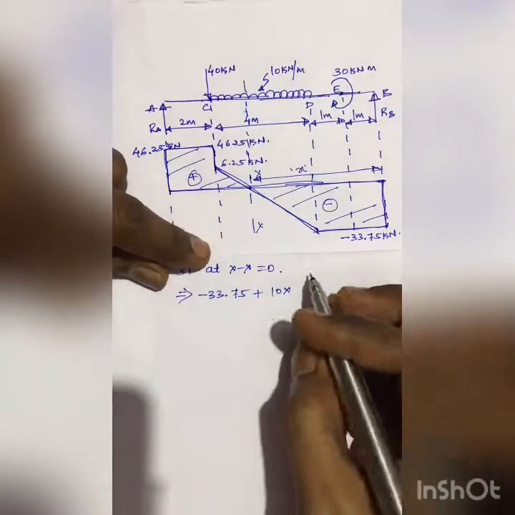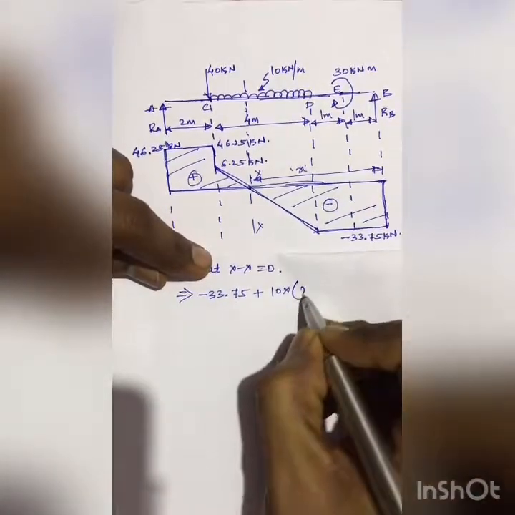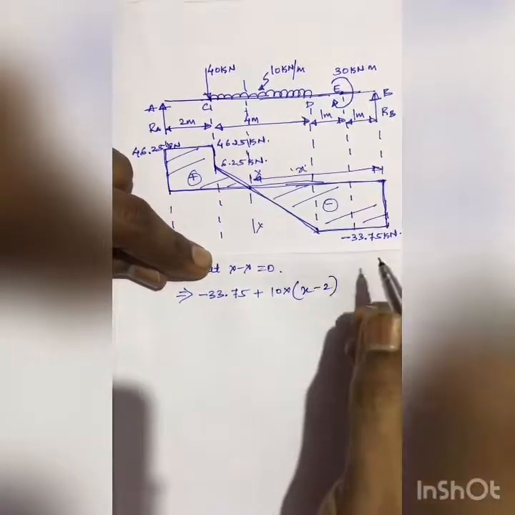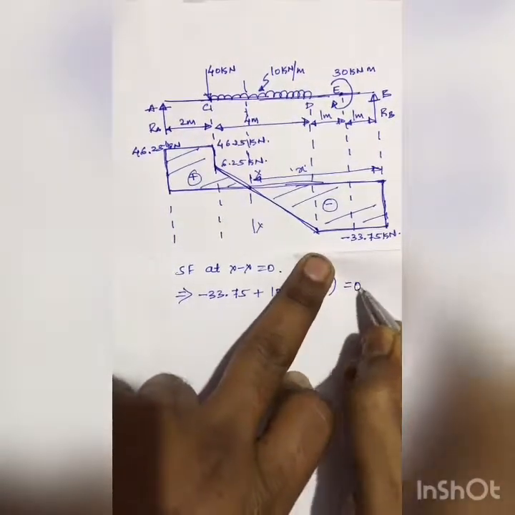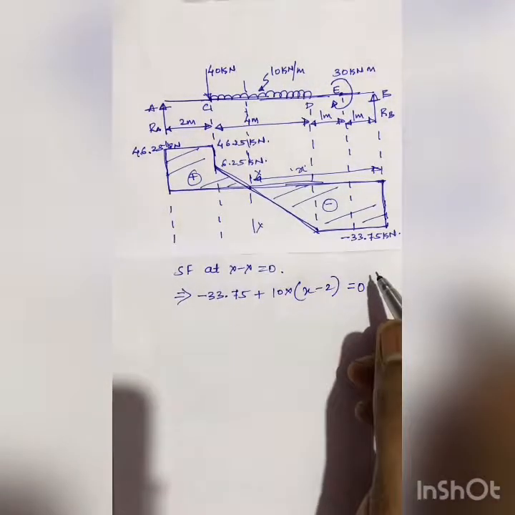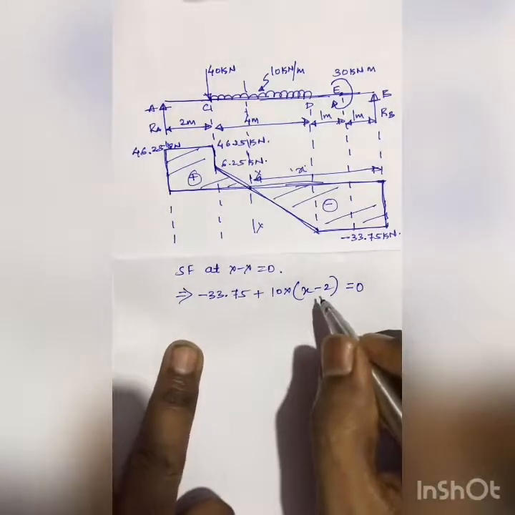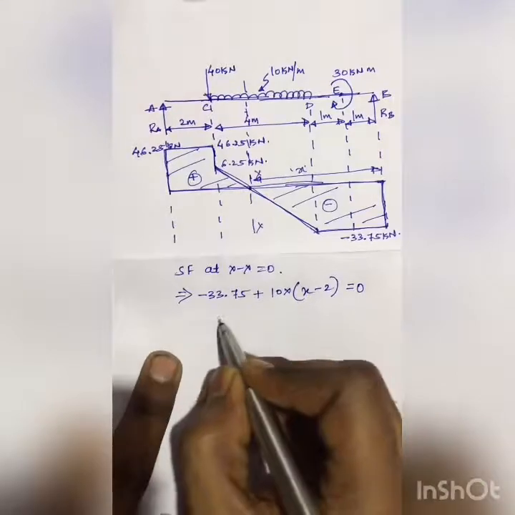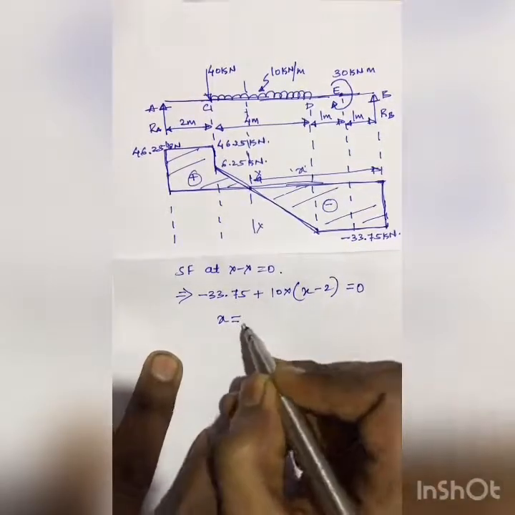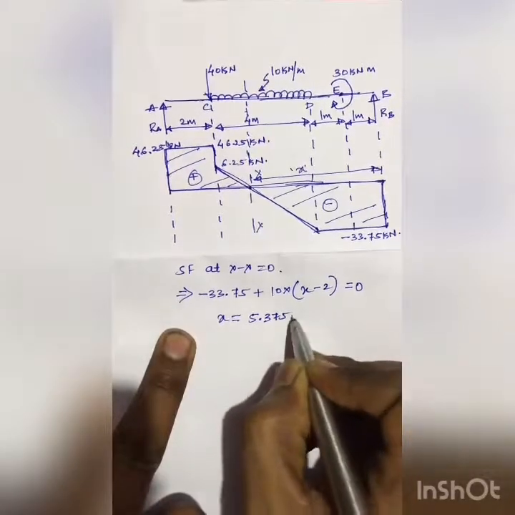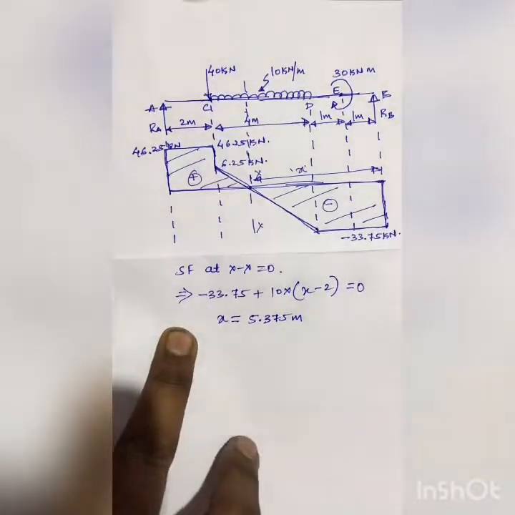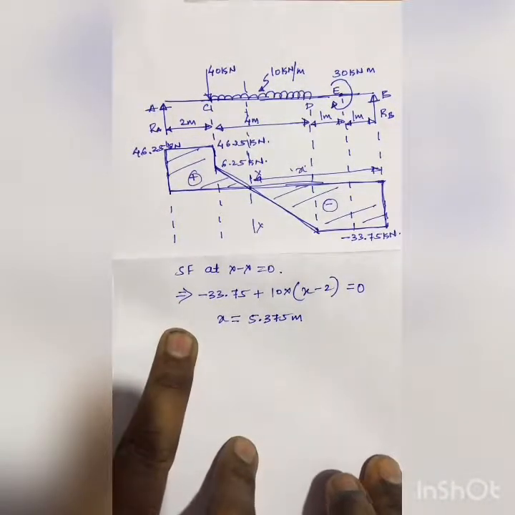So I'll write 10 into X minus 2, and that we equate to 0. And once we solve this equation for X, I'll get the value of X as 5.375 meter.